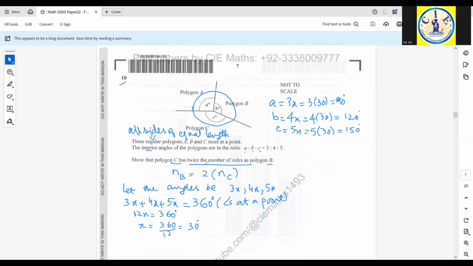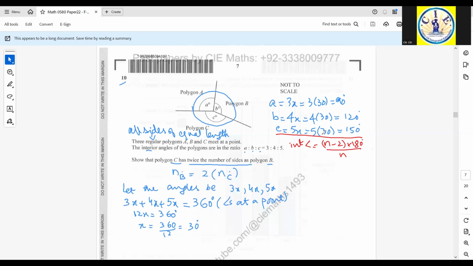Now, since I need to compare the number of sides of polygon B with the number of sides of polygon C, let n be the number of sides. Interior angle is equal to (n minus 2) times 180 degrees divided by n, the number of sides. This is the basic formula for calculating the interior angle of an n-sided polygon.